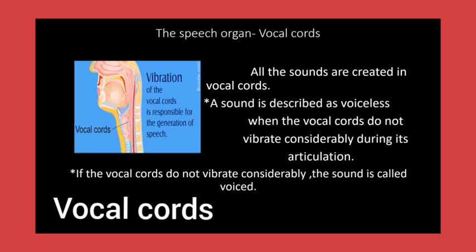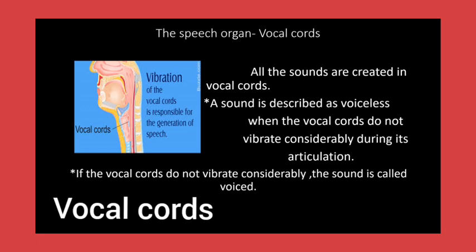Of course, there is a vibration of vocal cords, but when we say that this particular sound is a voiceless sound, what exactly happens at the vocal cords? When the vocal cords do not vibrate considerably during its articulation, during its production, that particular sound is called voiceless sound.